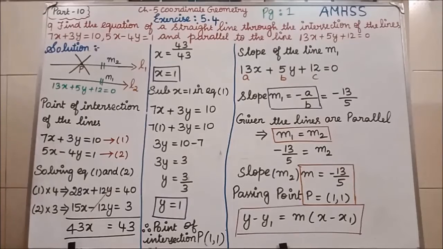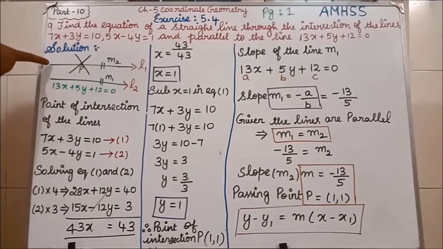Okay? And in the question they have given, parallel to the line 13x plus 5y plus 12 equal to 0. Students, parallel means what is the formula? Parallel means slope m1 is equal to slope m2. So far, wherever we are facing parallel and perpendicular, immediately we have to find the slope. Clear? Now we will proceed with the solution. See, I have drawn.